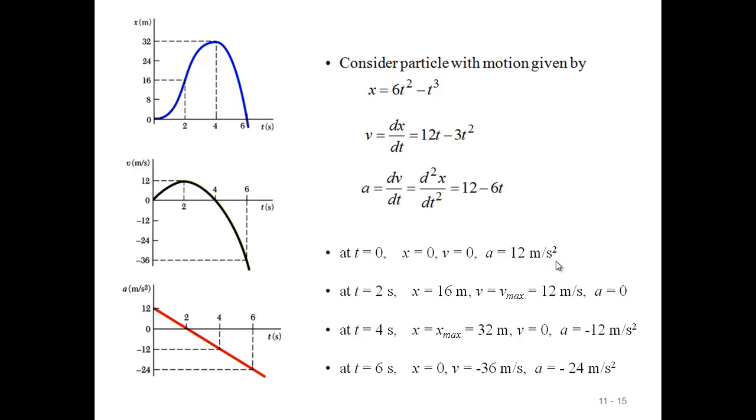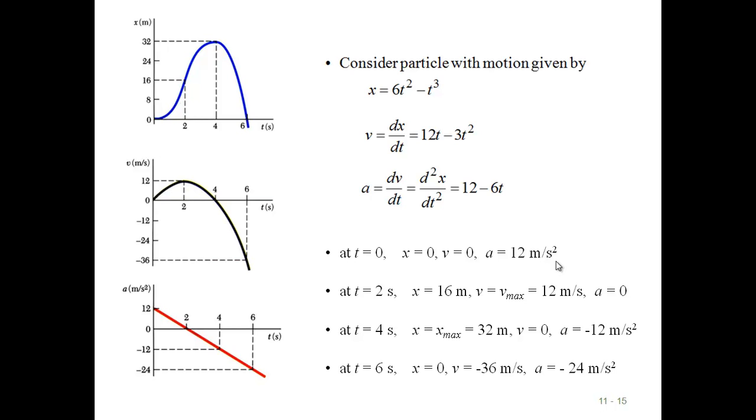And from t is equal to 2 seconds to 4 seconds, you can see that the velocity is positive, but acceleration is negative. So the particle still moves in the positive direction, but more slowly. Please take a note of that.